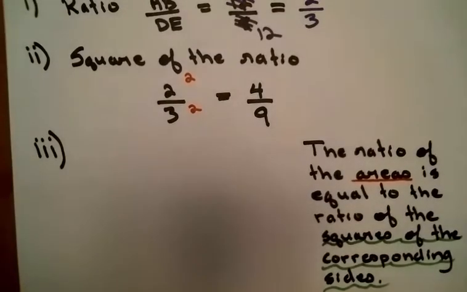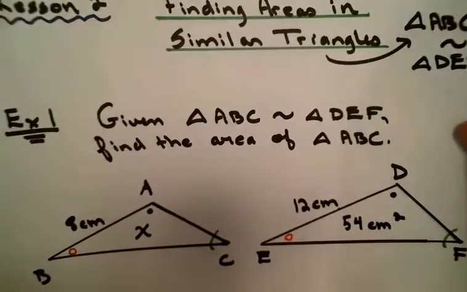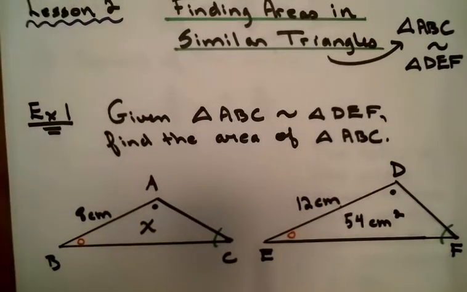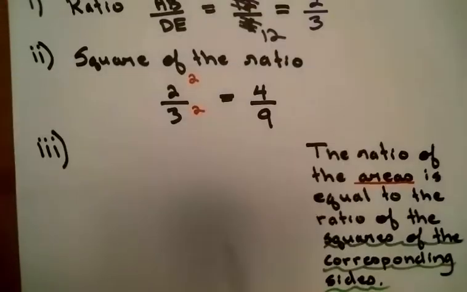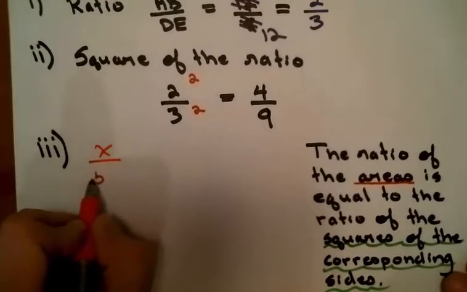And why we do this is as follows. The ratio of the areas for these two triangles is equal to the ratio of the squares of the corresponding sides. So that's how it looks written out with just some language. Let's put it down mathematically. The areas were x for unknown and 54 centimeters squared for the known triangle. So their ratio would be x over 54.